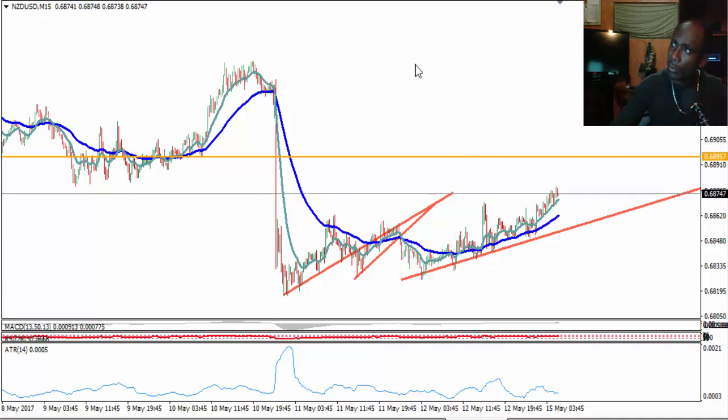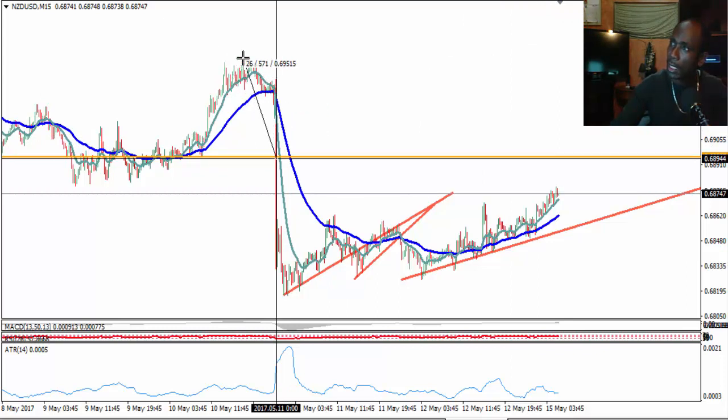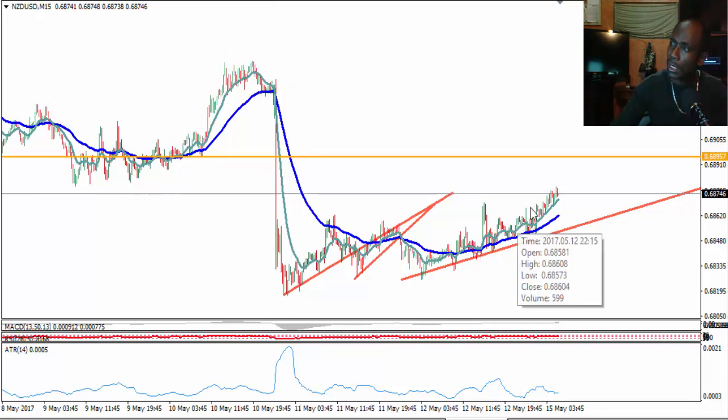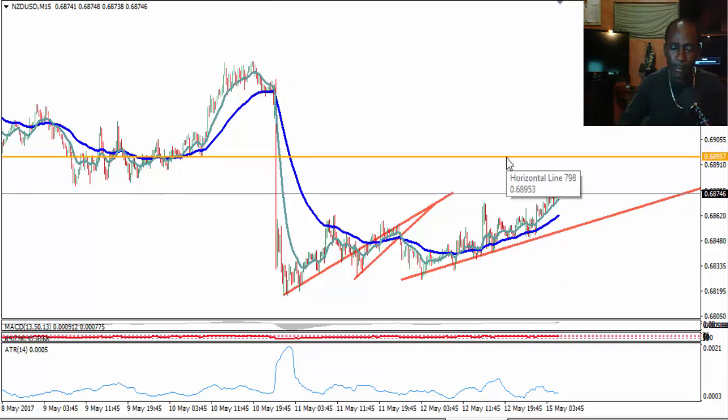And when we measure that zone there, we can see that that is around 56 pips. So now we see that it comes back in line close to what the average range would generally give you. So now you can look to have another 50 to 60 pips from that zone.